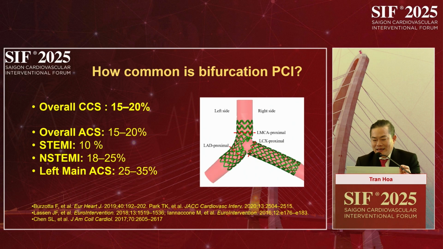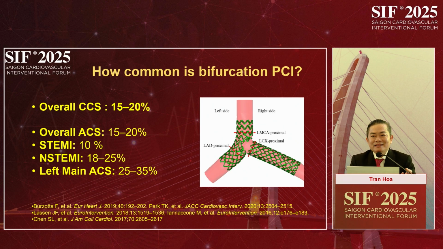First question: bifurcation lesions are common. Nowadays, overall, in CCS and ACS, bifurcation lesions are around 15 to 20%. In ACS with left main, bifurcation lesions are sometimes 20 to 55%.